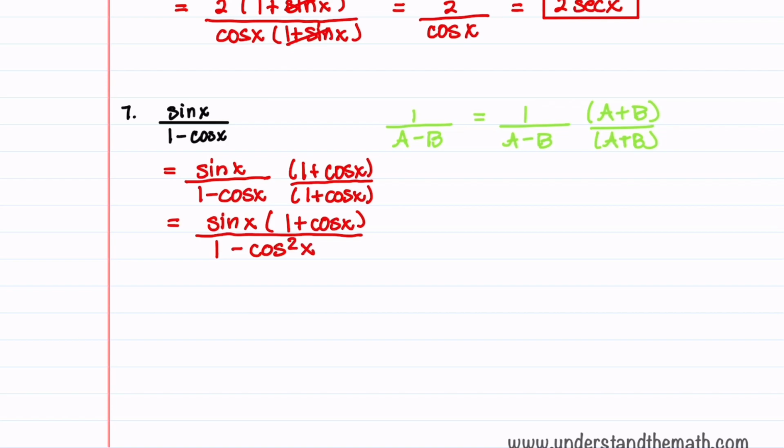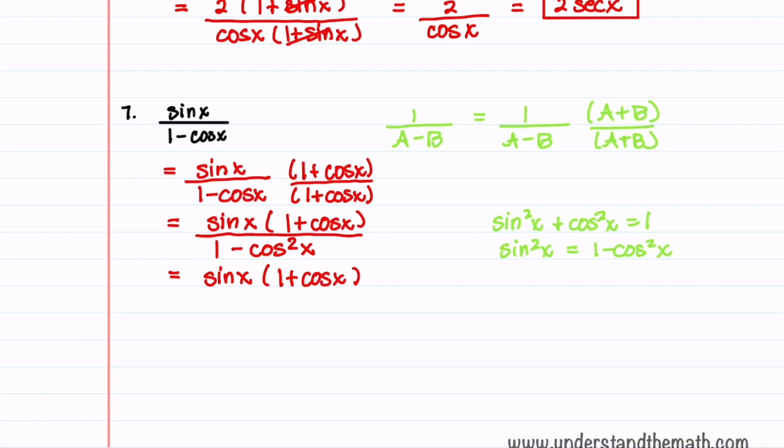Our Pythagorean identity is sine squared x plus cosine squared x is equal to 1. So we can see that sine squared x is 1 minus cosine squared x, and we can plug that in. Our top stays the same, sine x times 1 plus cosine x. And then our denominator becomes sine squared x.